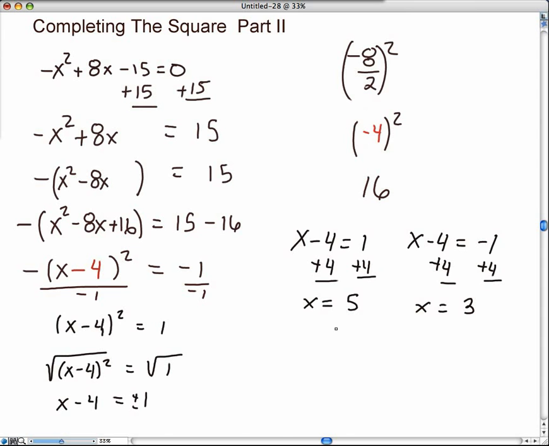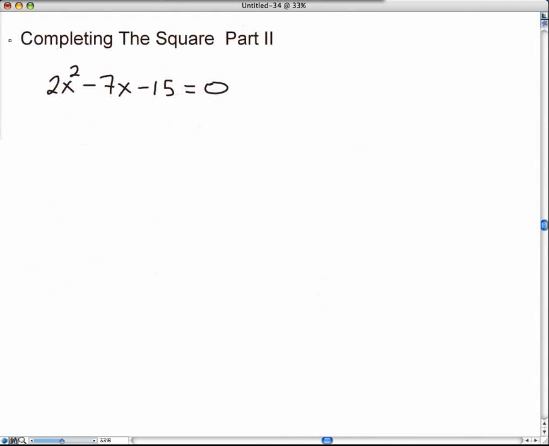Now let's do the next part. So we need to complete the square on this trinomial, this quadratic equation. The quadratic term is fine, the linear term, the constant, the equal sign, the zero, everything's lined up, ready to go.